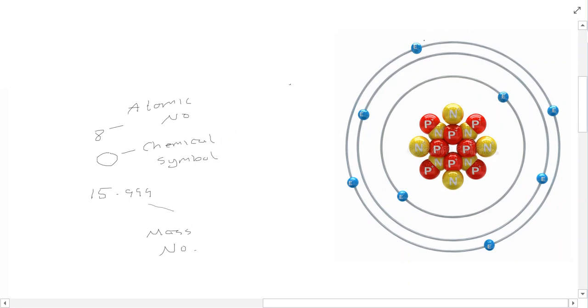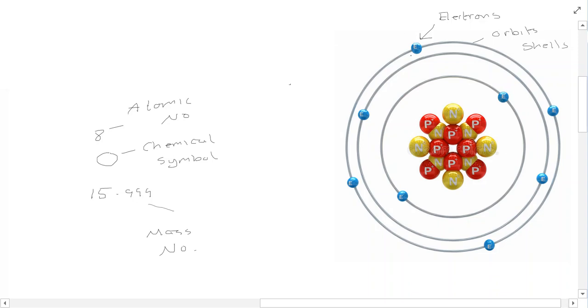These blue parts on the outside are what are known as electrons. These electrons move around in orbits, and sometimes they're called shells.